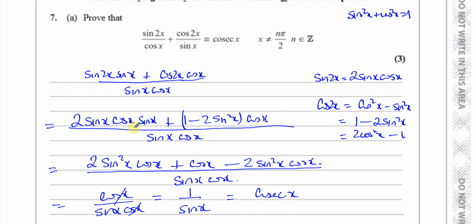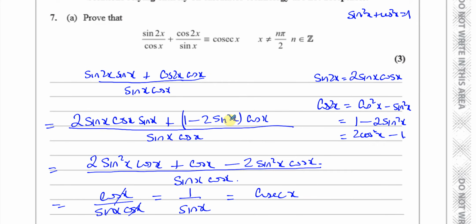And then we had to make a little decision at this point. What shall I do with the cosine 2x? Shall I make it 1 minus 2 sine squared x, or shall I make it 2 cosine squared x minus 1? And we saw that if I had made it 2 cosine squared x minus 1, we would have got cosine cubed x here, and it would look really complicated.